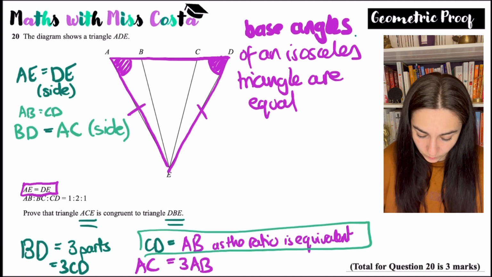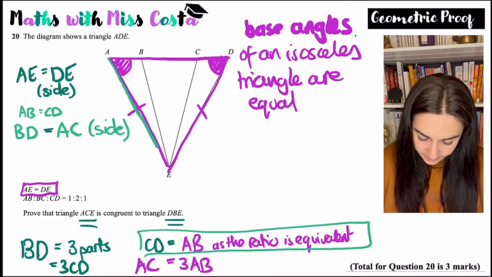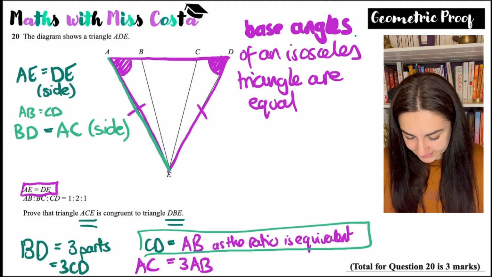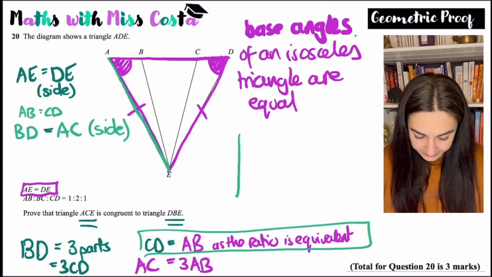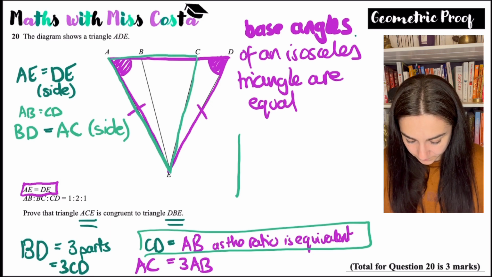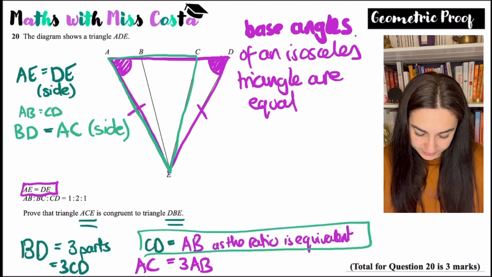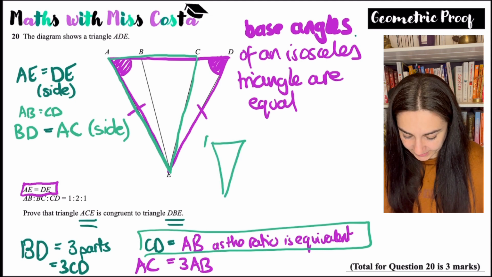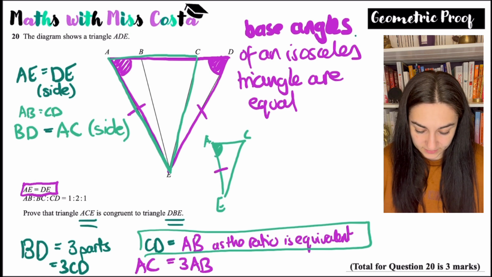Now let's look at what we've proved is congruent. So I know that AE equals DE. So if I just draw these triangles separately over here. So ACE is this triangle. And let's just draw a little sketch over here. So ACE, I know that this angle here and this side here would be equal.